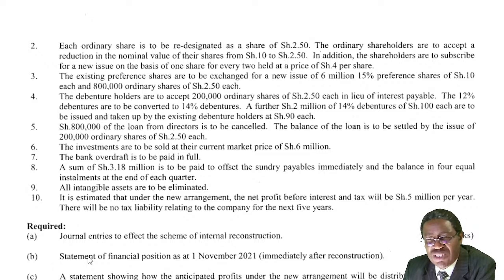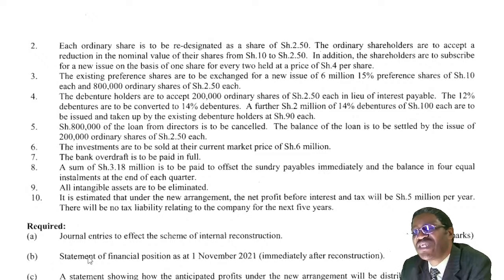The last part says a further shillings 2 million of the 14% debenture of shillings 100 each are to be issued and taken up by the existing debenture holders at 19.